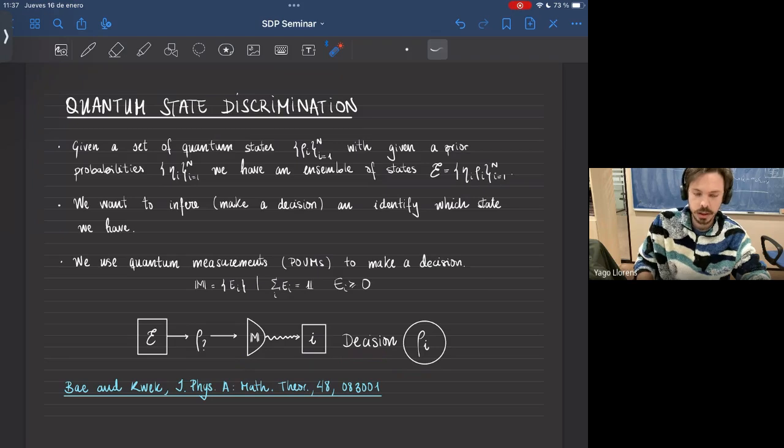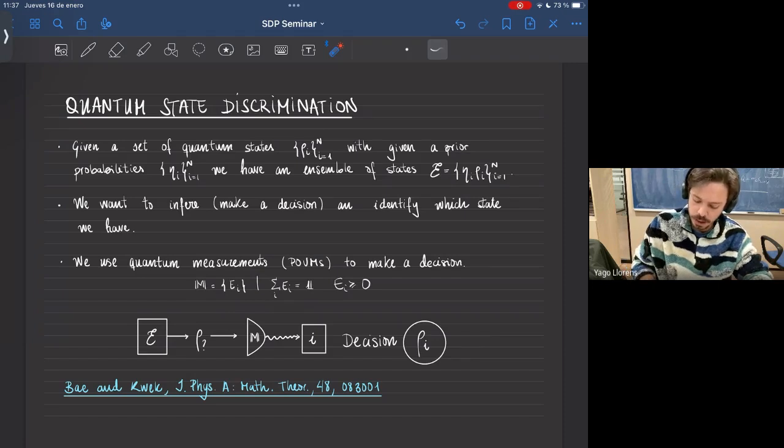Okay, so what's the point of considering this? I think the objective, which is identifying which of the states we have, is clear. But in quantum, we can measure through a lot of measurements, and we want to use the one that maximizes the success probability or minimizes the error, depending on the cost function we are assuming.